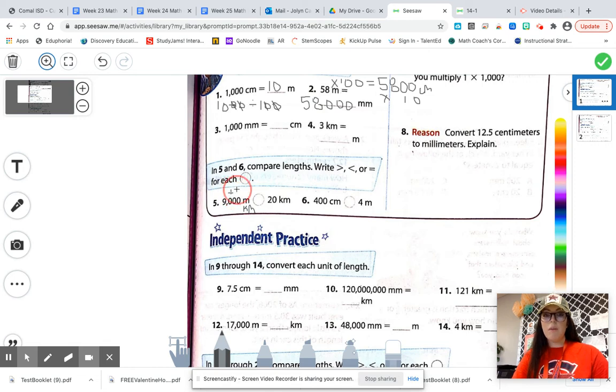Because again, I'm going from a small unit to a large one, so I'm dividing. And remember, dividing by tens, hundreds, thousands is super easy. We're just taking off the zeros. So I have 3 zeros here. I can take off the 3 zeros that are down here. So that leaves me with 9 kilometers. So then I know, well, 9 is definitely smaller than 20. So I can do my alligator symbol going to this side.